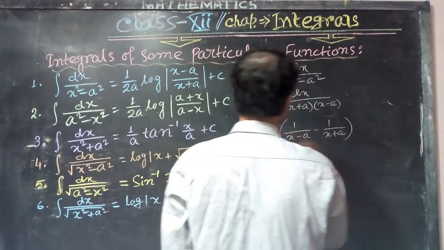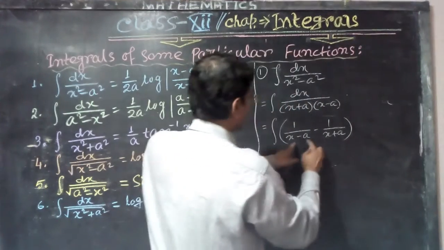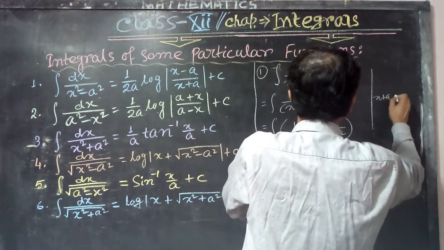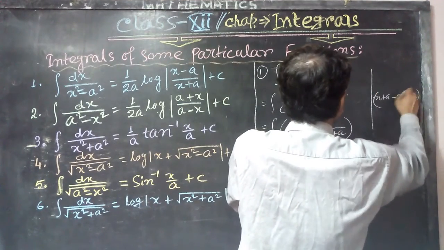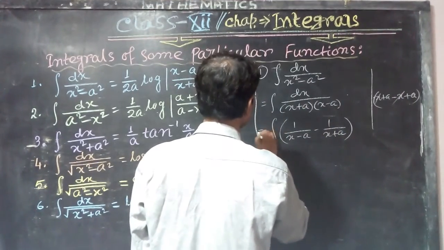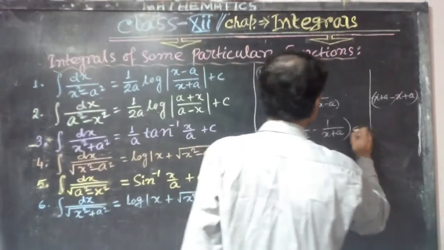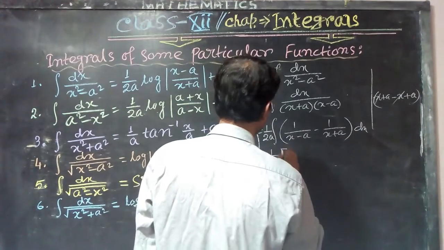Taking LCM of x minus a and x plus a, the numerator becomes x plus a minus x plus a, so x cancels and we get 2a. 2a is present in the numerator, so take it outside as 1 by 2a. 2a cancels, dx equal to 1 by 2a.